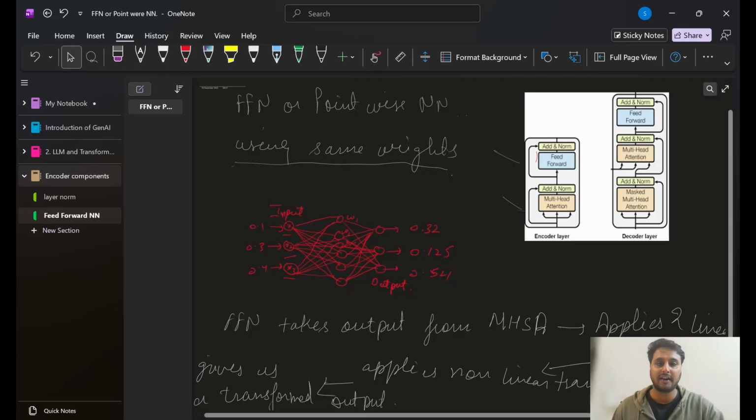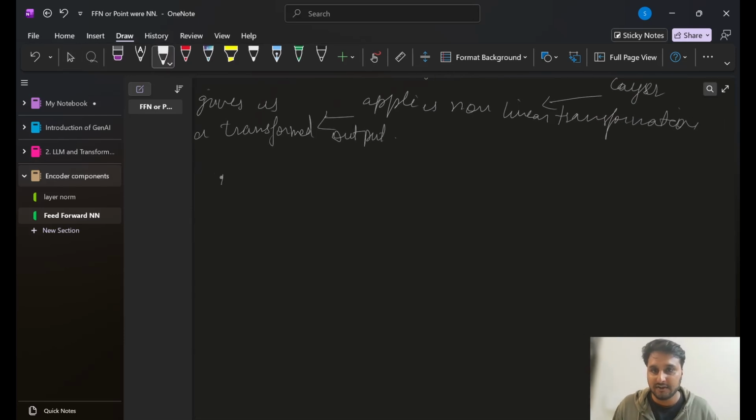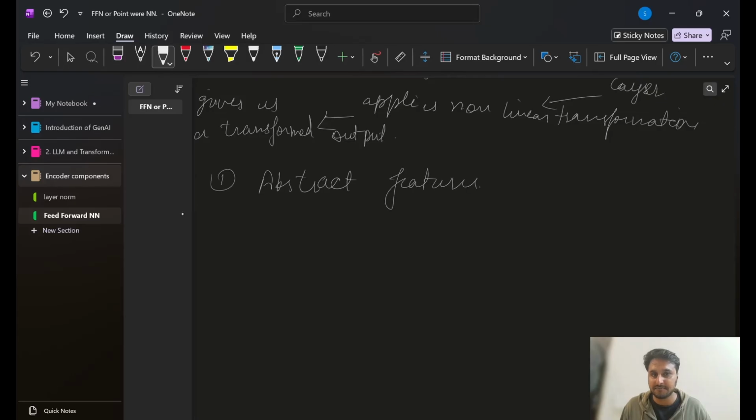Let me write what the transformer needs to capture. The first one is abstract features. The second thing is hidden patterns from each word. The third one is non-linear transformation.